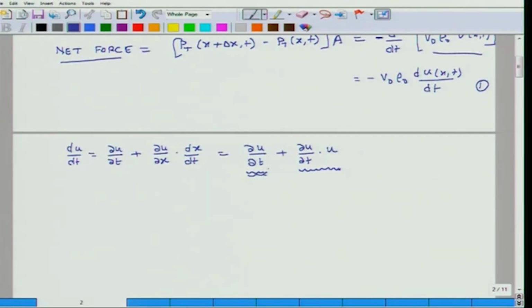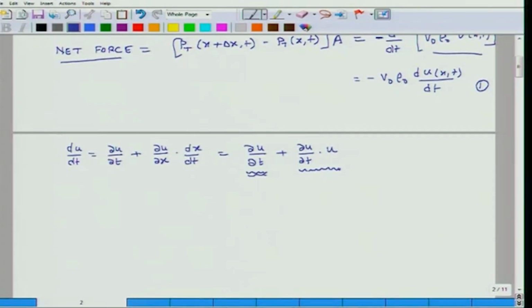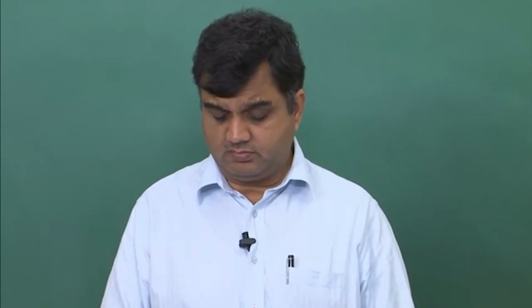Now at this stage we know that partial of u with respect to time is a small entity, because we have this smallness assumption. Partial of u with respect to x is also a small entity, and u itself also is a small entity, because in this course we are assuming that all u's and pressures and their derivatives, all of them are relatively small.